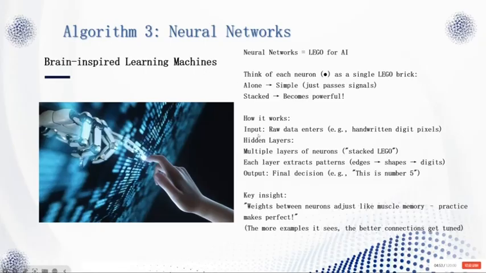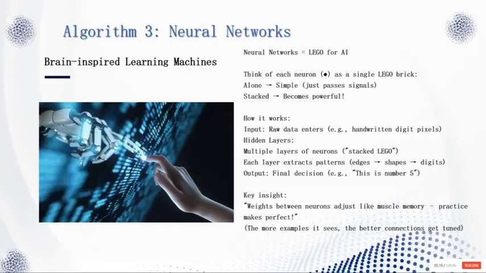How does this work? The input is raw data, for example, your handwritten digit pixels. The hidden layer is the multiple layers of neurons, the stacked Lego. Each layer extracts patterns, from edges to shapes to digits.